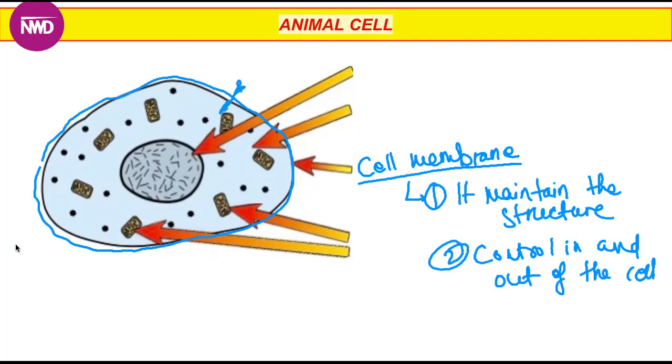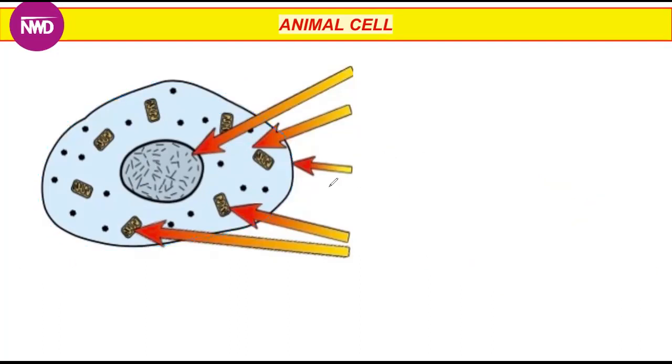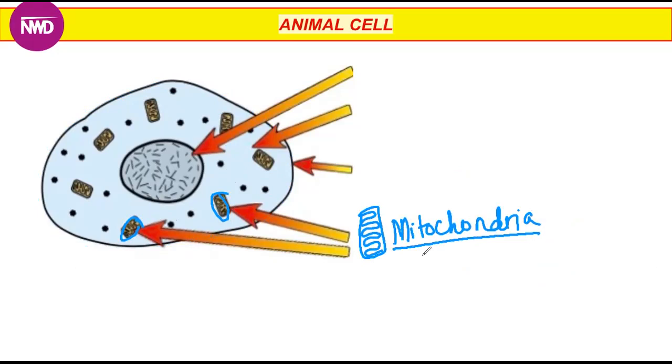Now we will reach the last and the most important structure of this animal cell, and it is this structure. I'm making this structure here. This structure is known as mitochondria. Mitochondria is known as the powerhouse of the cell.